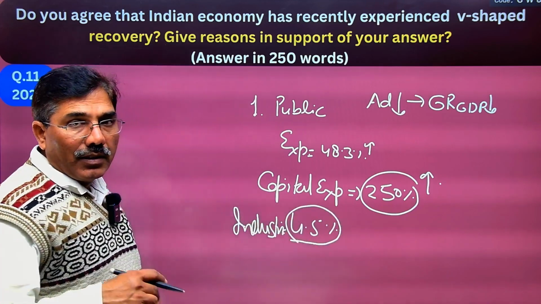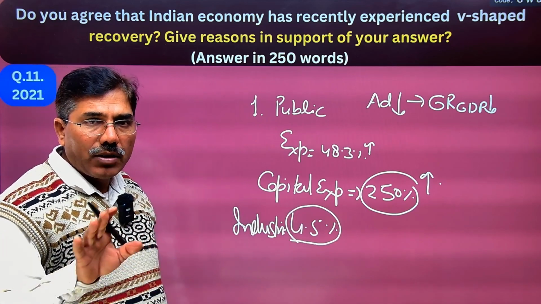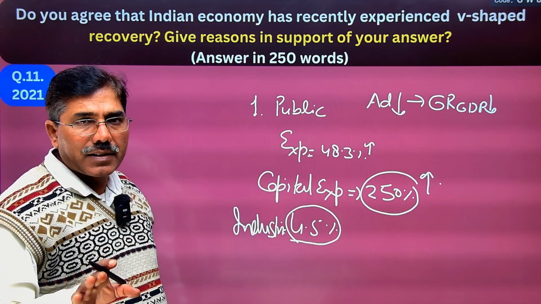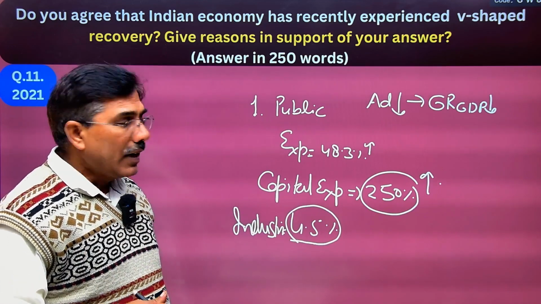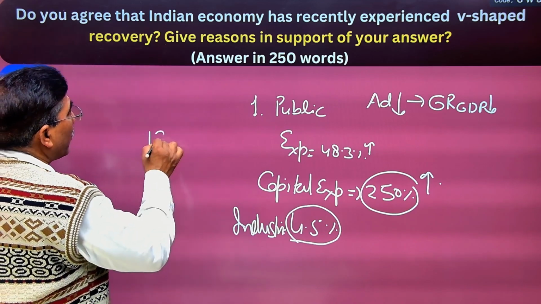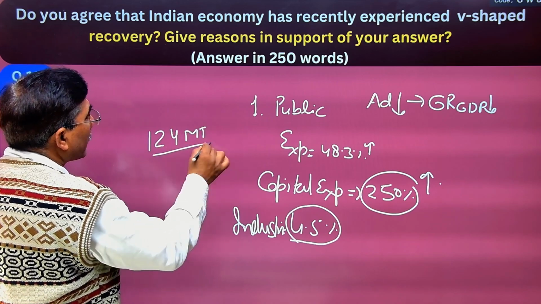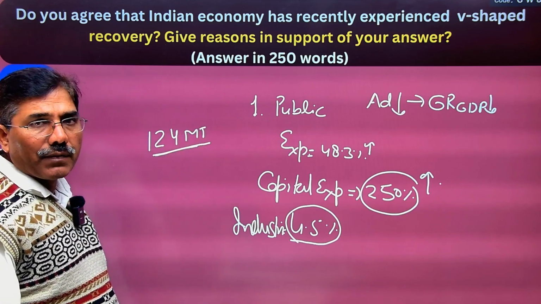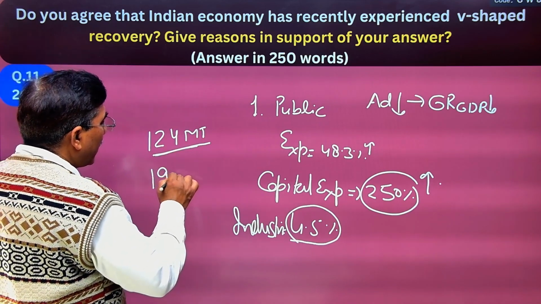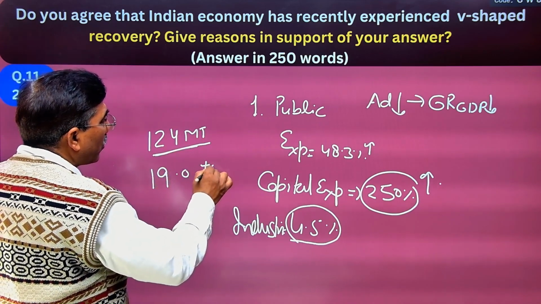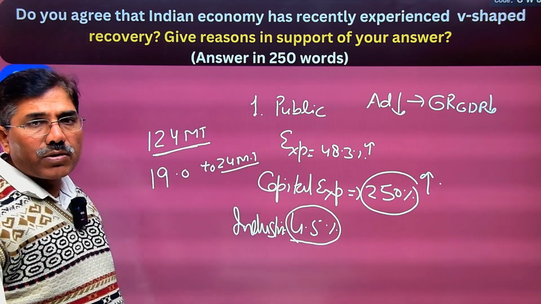Industrial sector growth rate in 2020 was 4.5%. Agriculture sector performance, despite the COVID lockdown, was quite satisfactory. Food grain production increased from 120 to 140 million tons, and pulses production also increased from 19 million tons to 24 million tons. Other crops also increased.